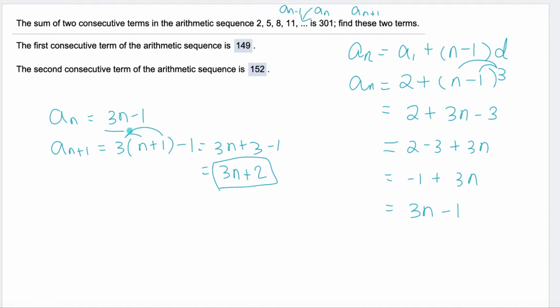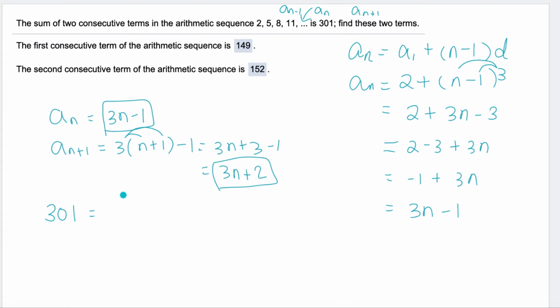Or you can just use this one. And we know the next term is 3 more than this. So add 3, then you get 3n plus 2. So these two are the terms that are consecutive. When you're adding them, you get 301, because it says the sum of two consecutive terms in this sequence is 301. So when you're adding these two terms, you're going to get 301.